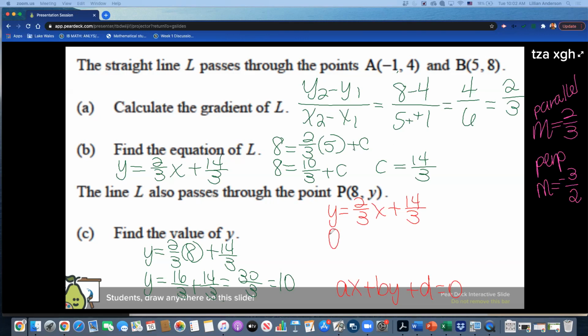It would be 2/3 x plus 1y plus 14 over 3. Not plus y, but minus y, because I'll have to subtract it over. Oh, yeah. But not only that, I cannot have any fractions. So how do I get rid of the fraction?